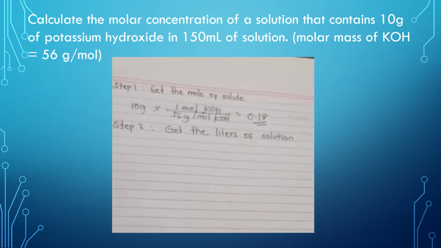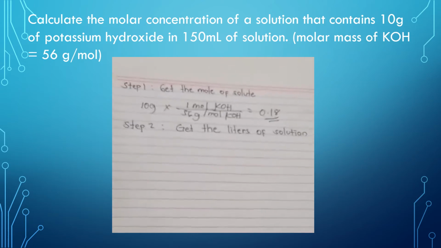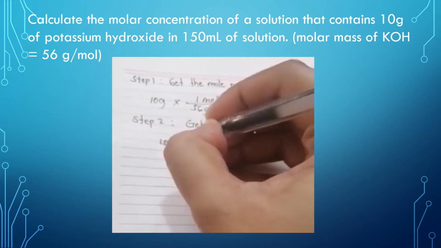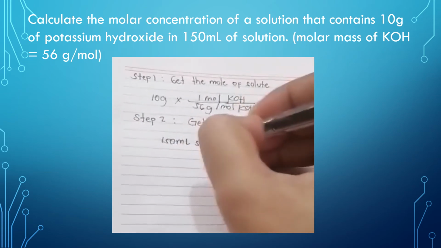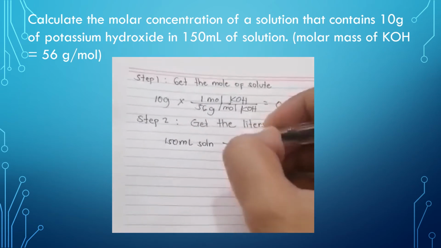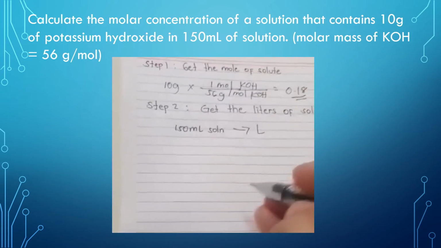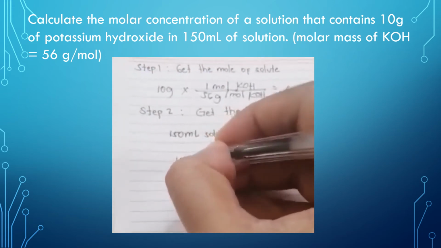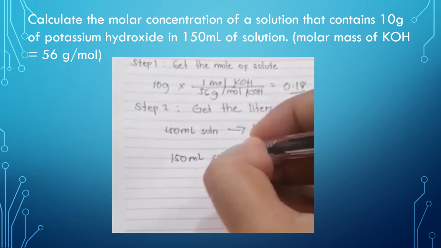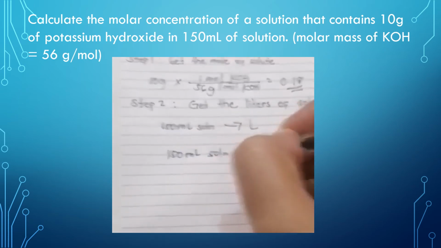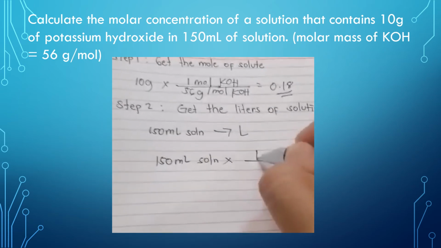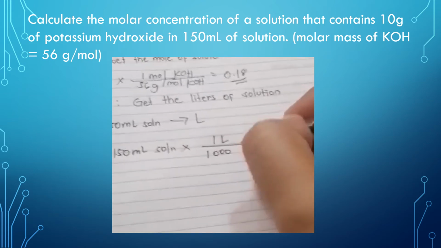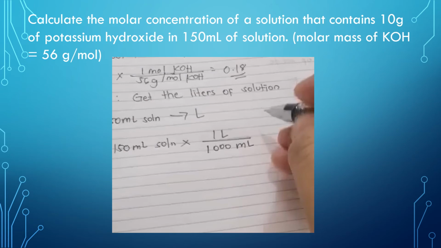What we will do is convert the given, which is 150 ml of solution, to liters of solution. So, 150 ml of solution times in every 1 liter, we have 1,000 ml.